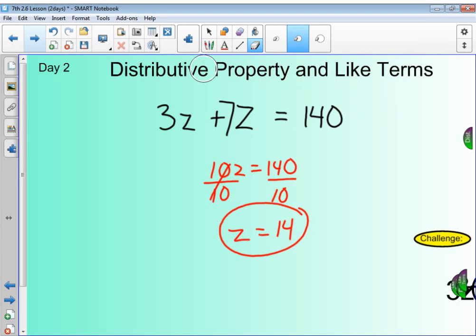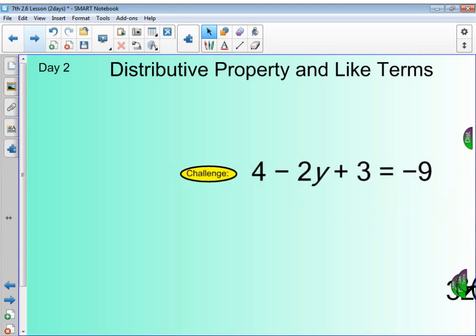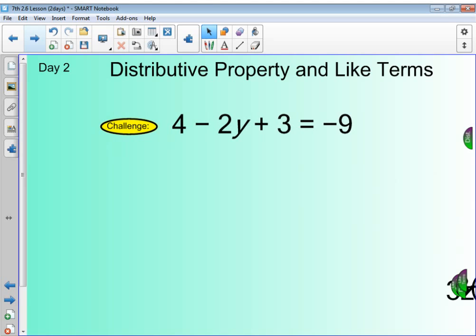Okay, so I'm going to slide this challenge problem out and have you guys try it. Just try based on what we've just learned. See if you can work your way through that one. So go ahead, pause your video, combine your like terms. And so what you're going to want to do on this one is get your two terms in the front half or the left half of the equal sign and then solve it like a two-step equation.